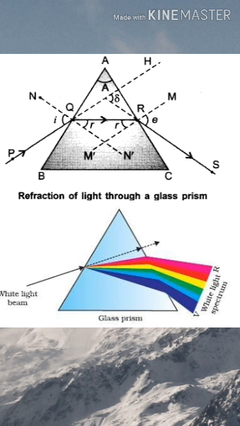When a white light beam is passing through point P, it splits into different colors called VIBGYOR. The 7 colors from the glass prism.